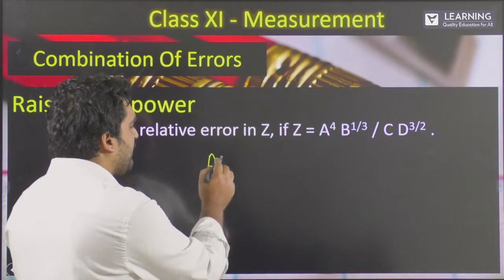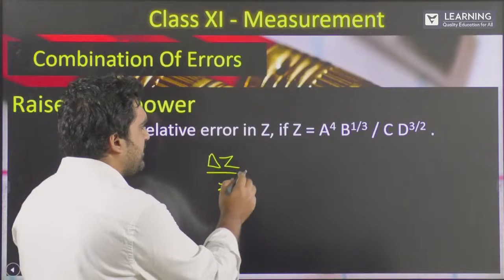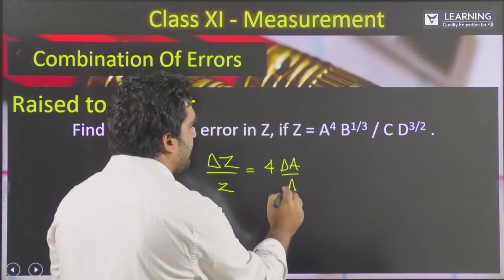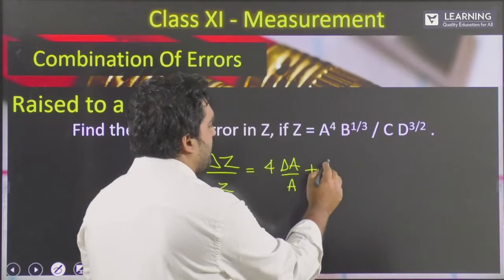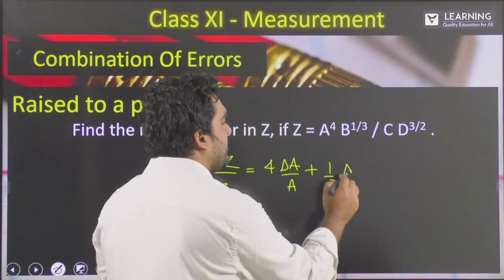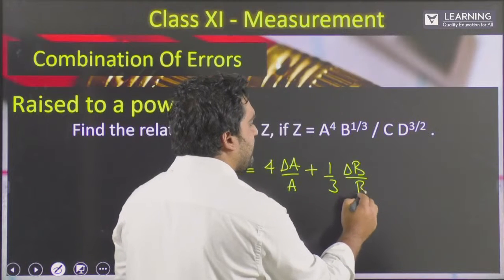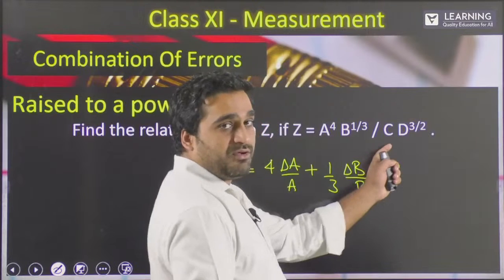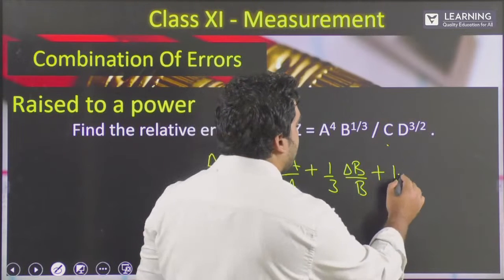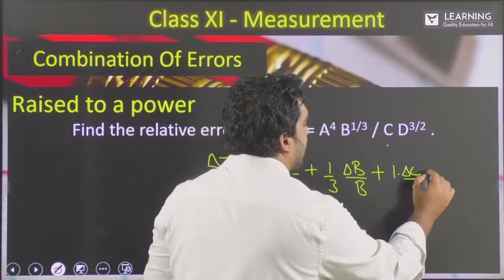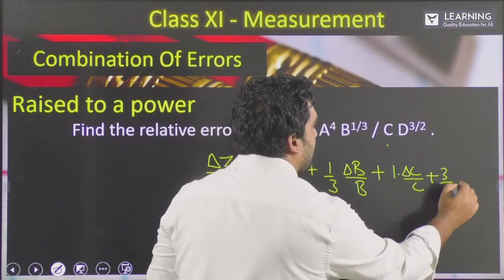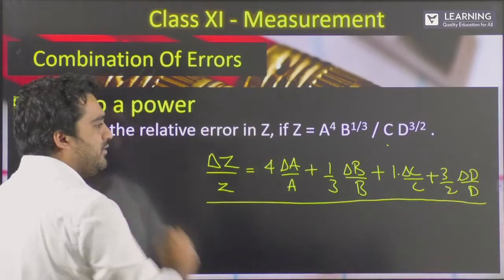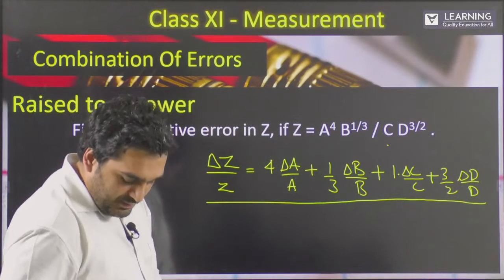Try this by yourself, where you write delta z by z equals 4 times delta a by a, plus 1 by 3 times delta b by b, plus 1 times delta c by c, because it's c to the power of 1, and plus 3 by 2 delta d by d. There you go. That is all.